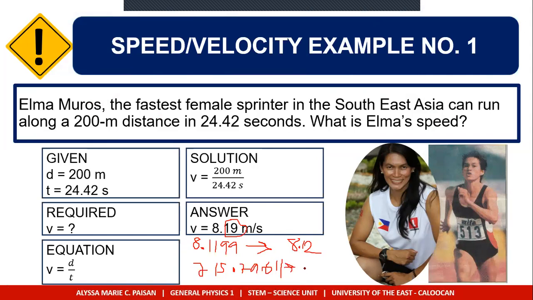Instead of writing all those numbers, we could write 215.80 because 79, when you round that up, would be 80 already. And for the 1 after it, if the next digit is 1 again, it's just 8.11. I know you already know the rules in rounding off. So you have to round off your final answer, and there should only be 2 numbers after the decimal point.